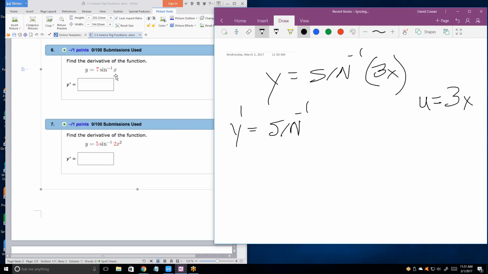which means I'm going to have to use the chain rule. So the answer, y prime, is going to be 1 over square root of 1 minus u squared, but then I've got to multiply it by u prime.